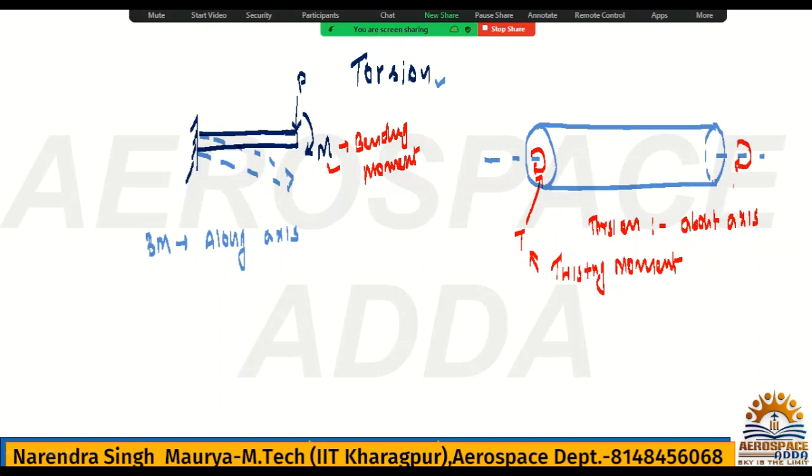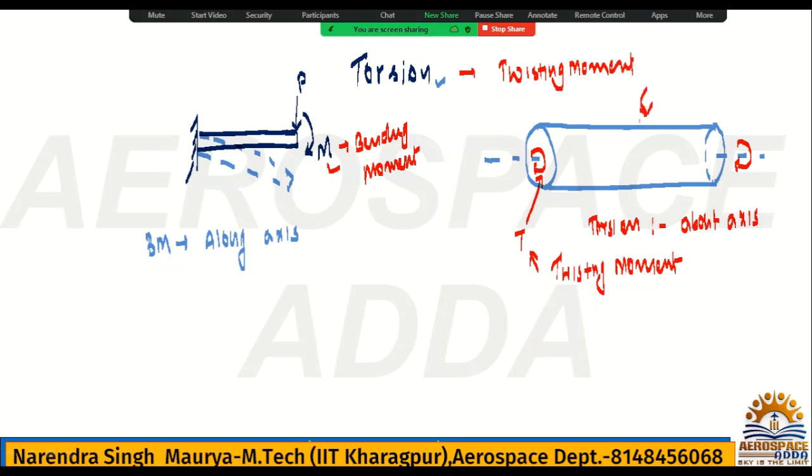So it's your choice what sign convention you want to take, clockwise or anti-clockwise. Generally we take rotation about the axis, clockwise as positive and anti-clockwise as negative. So this torsion is also called twisting moment.